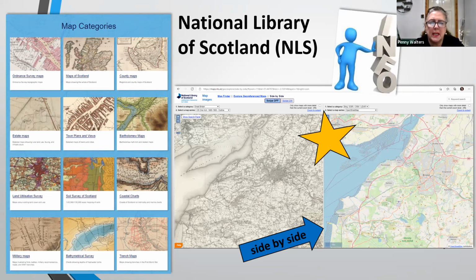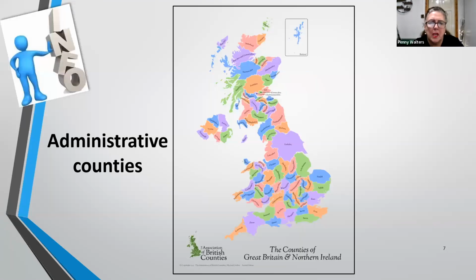So what you can see here in the example on the right is a sliding map which can slide from an old map into today's map. So yeah, I definitely need to get out. Come on, Penny. I can spend hours and hours sliding around with these maps. It's just fantastic. Even just looking at how the river has changed. So the National Library of Scotland, and it isn't just Scotland, it is the UK.